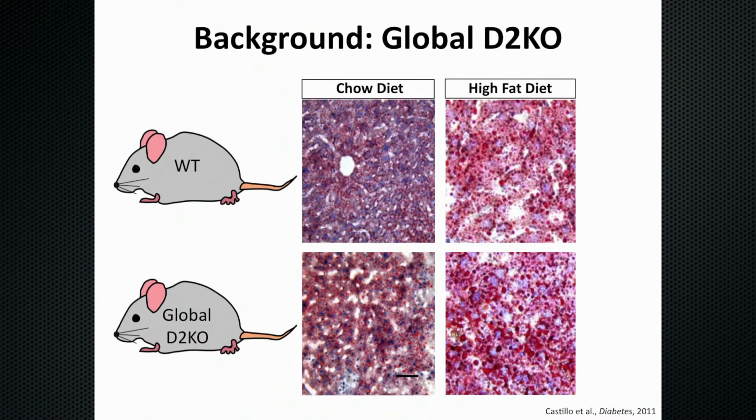But how could this be if there's no D2 in the liver? What is responsible for this phenotype? So it was explained that this could just be secondary to other peripheral effects from the D2 knockout, via issues with the knockout in the brain or the brown fat or skeletal muscle, other metabolically relevant tissues that somehow is acting on the liver secondarily.